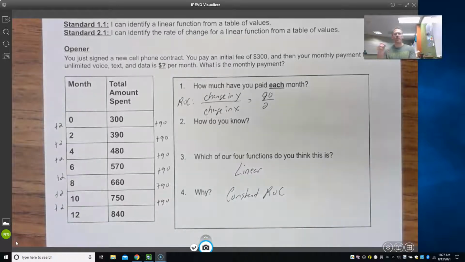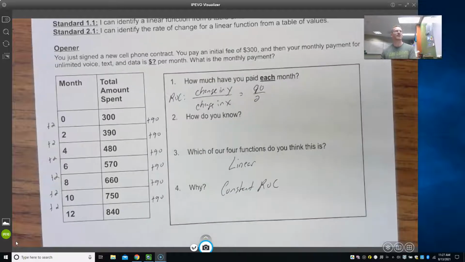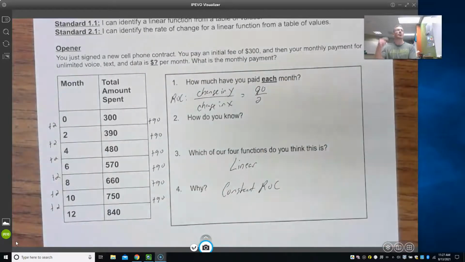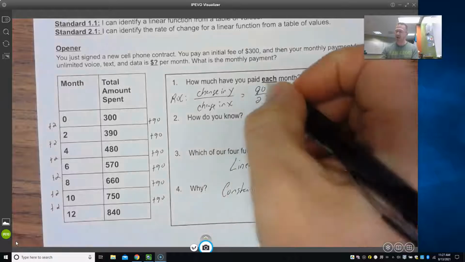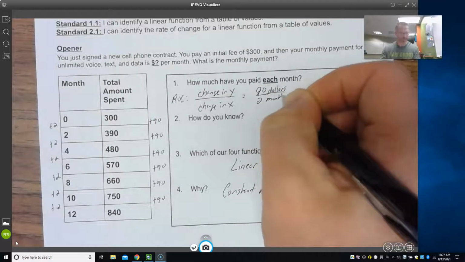Now, this gets into some vocabulary that we talked about last time, and you didn't see the difference last time because all of our rates of change in the previous lesson were exactly the same as our unit rate. Now, notice this is not my unit rate because it's 90 to 2. So this is $90 for 2 months.